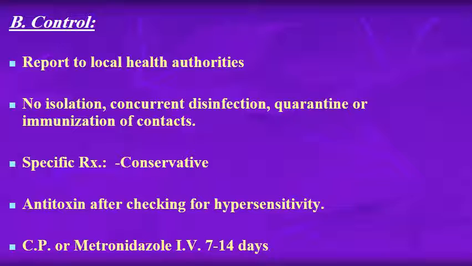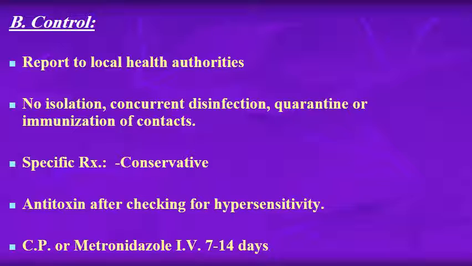Antitoxin: after checking for hypersensitivity, we may give antitoxin, either human or bovine, but here we should be prepared for the possibility of hypersensitivity, because this sometimes may cause anaphylaxis in some patients, which may be very severe, leading to death.